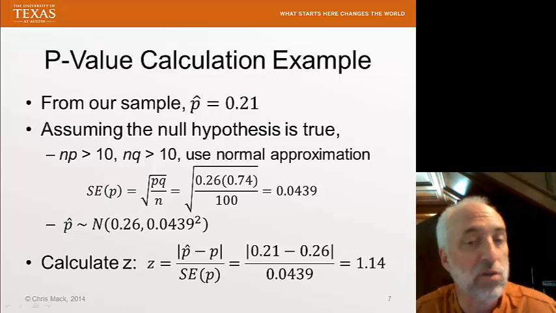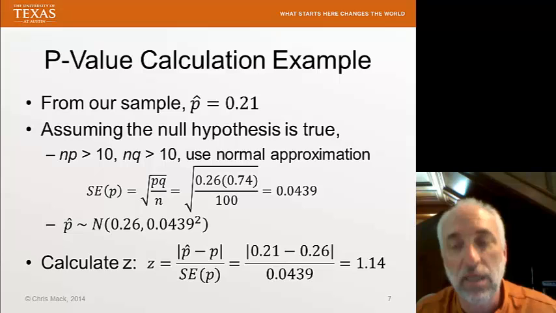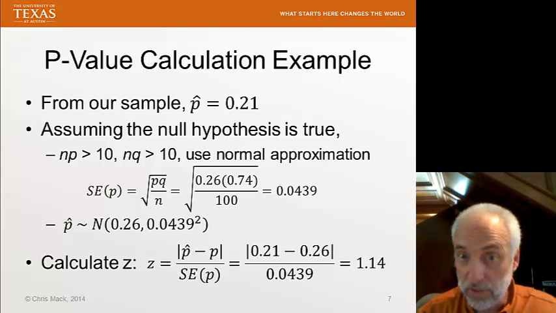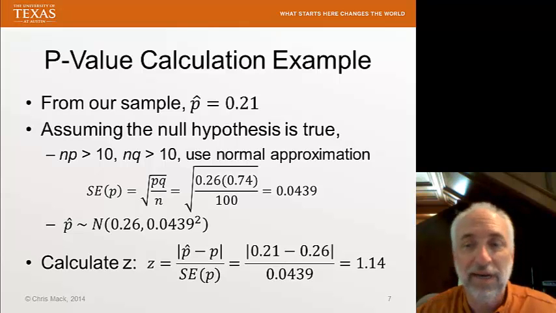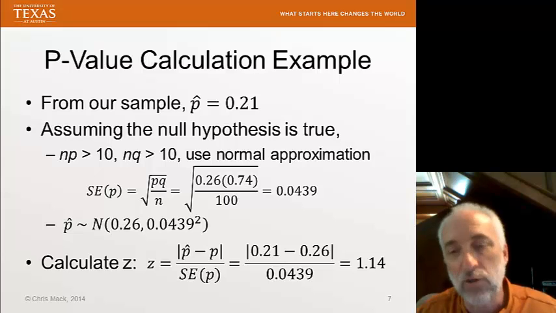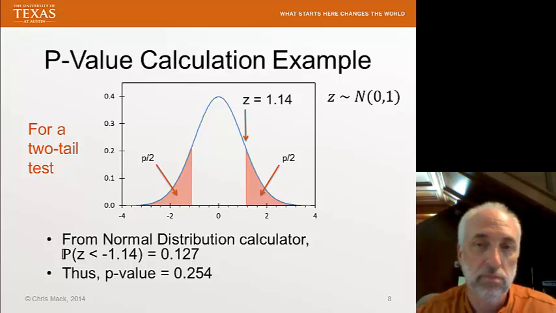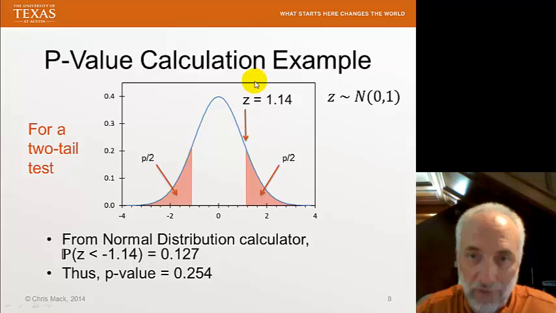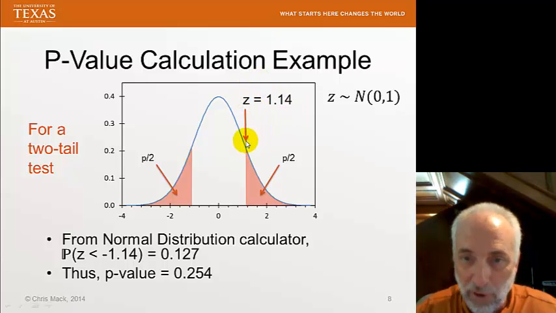This is the z-score of my sample proportion. And because it's normally distributed, we would expect the z-score to have a standard normal distribution. So here's a standard normal distribution. I mark off z equal to 1.14 on the graph.